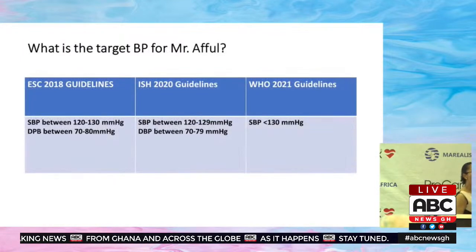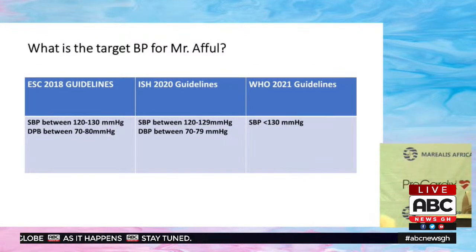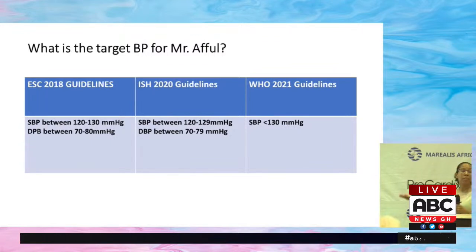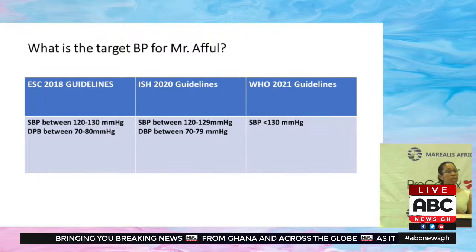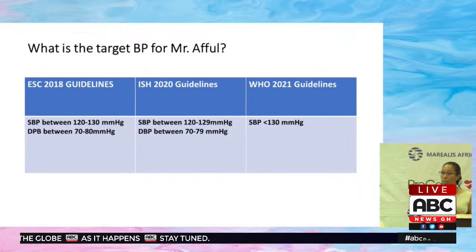It is always very important to remember our target for our patients when we are treating them, and we should let the patient know the target. Let them know where you want to get. What BP do we want to get for you? Most of the time in management of hypertension, we aim for a target of less than 140/90.